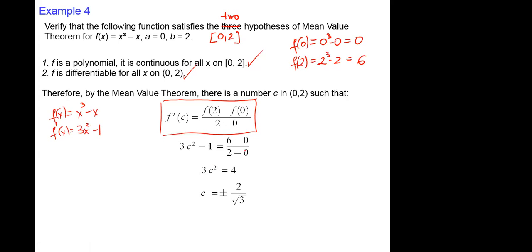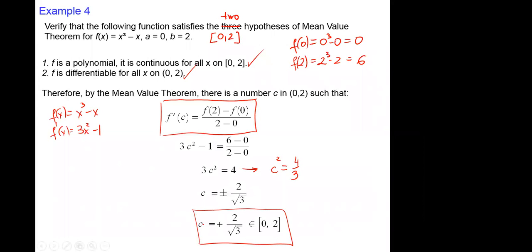Dividing by 3, oh, I did solve a little bit faster. I divided both sides by 3, and now I took the square root of both sides. Square root of 4 is 2, square root of 3 will stay square root of 3, and plus or minus. Okay, but the thing is, only the positive number is in my interval.